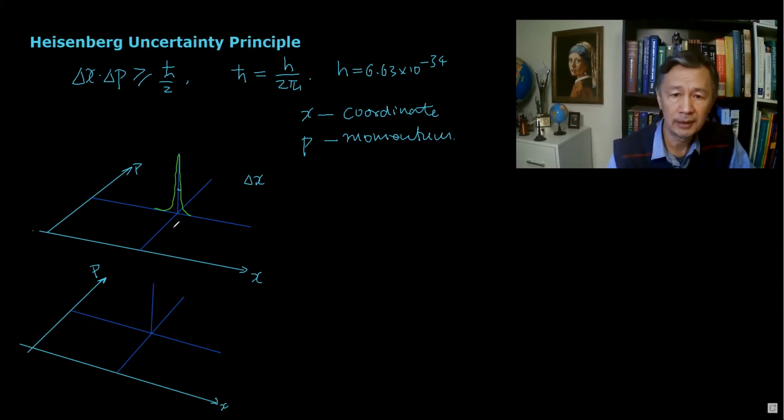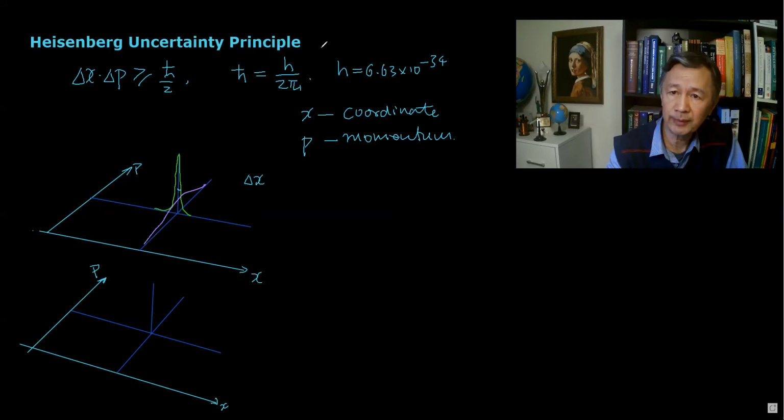I use a purple color. This is a little bit of an exaggeration of your result, but that is a theoretical constraint. No matter how good your experimental equipment is, you still get this result. If you want to measure the coordinate accurately, the uncertainty in measuring the momentum increases.